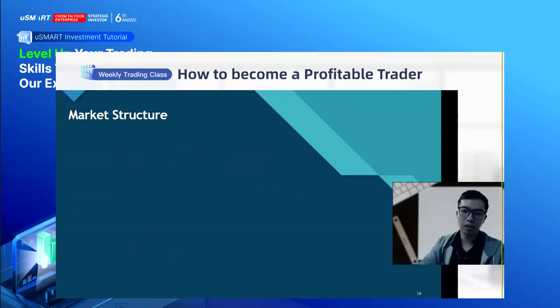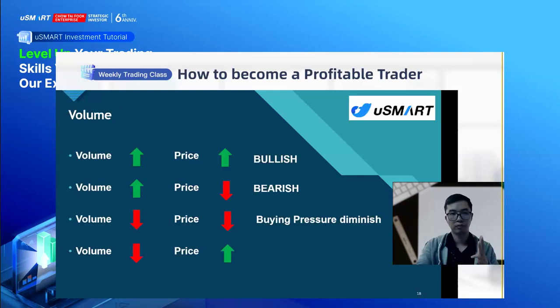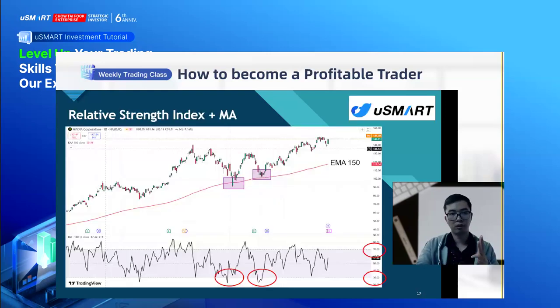So lastly, I will talk about the market structure. Okay, I repeat again. Just now I shared about trend line, market trend, chart pattern, support and resistance, then volume, indicators, MA and relative strength index.